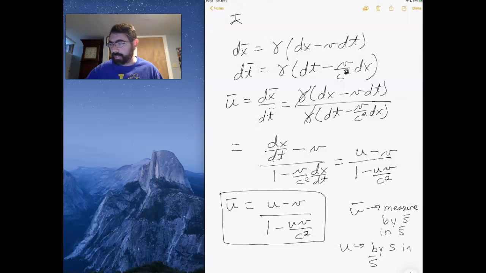So u is essentially measuring the velocity of the person in the car by the person outside the car. Okay. So now we have transformations for time, distance, and velocity.